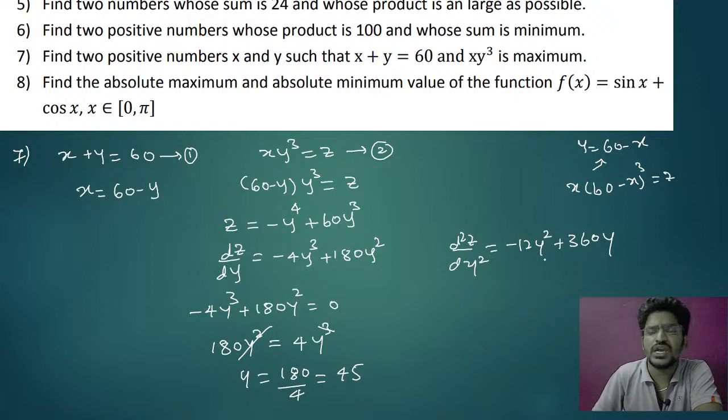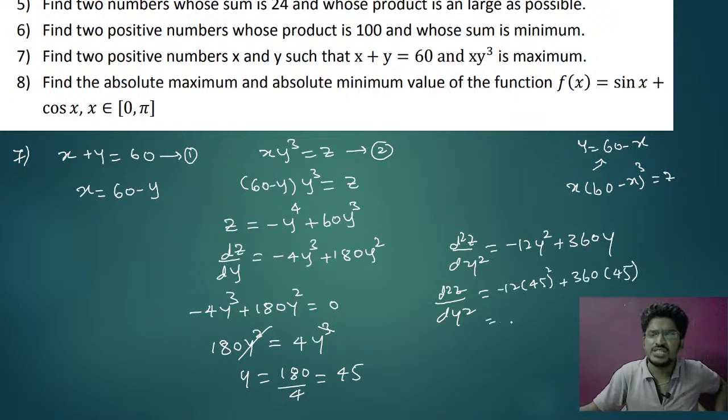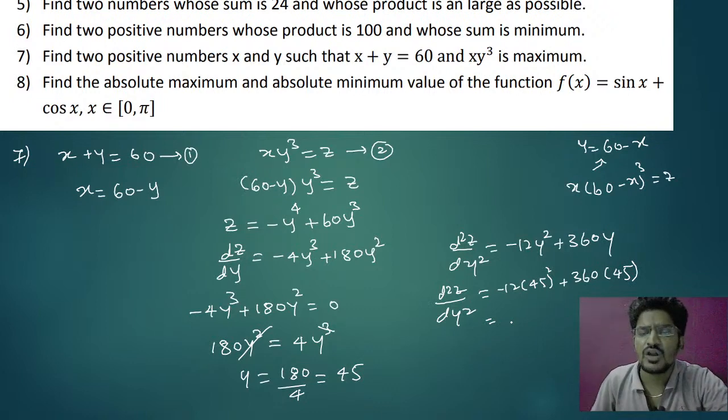You put this y equal to 45 here. d square z by dy square is minus 12 into 45 square plus 360 into 45. Quickly simplify this and check whether it is greater than 0 or not.